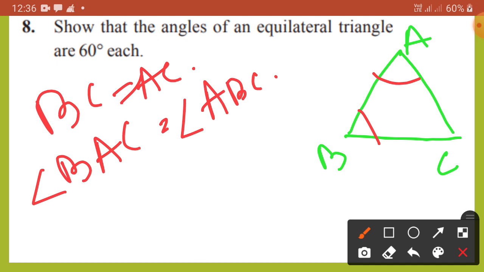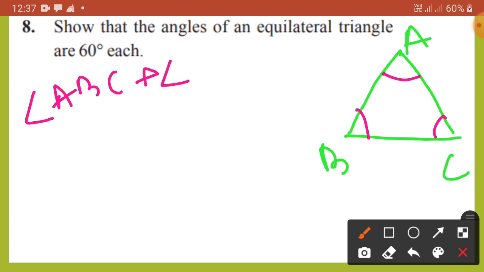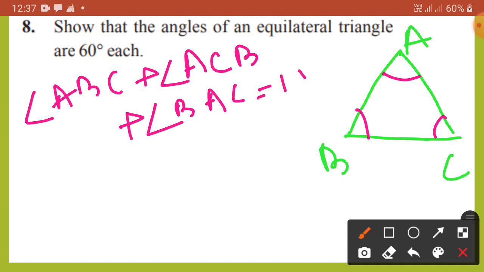So angle BAC is equal to ABC. Now in triangle ABC, the sum of the three angles, angle A, angle B and angle C, equal to 180 degree. Angle ABC plus angle ACB and angle BAC is equal to 180 degree.